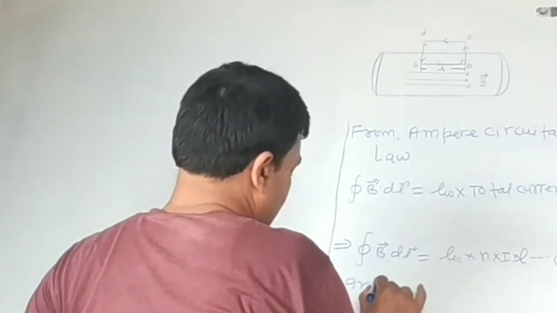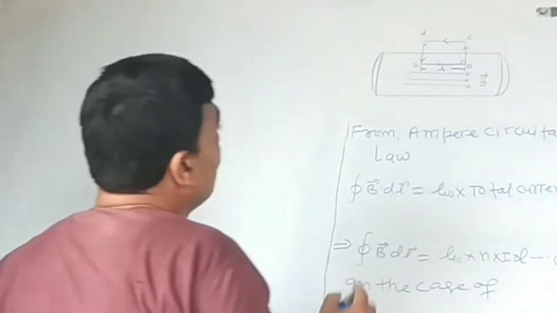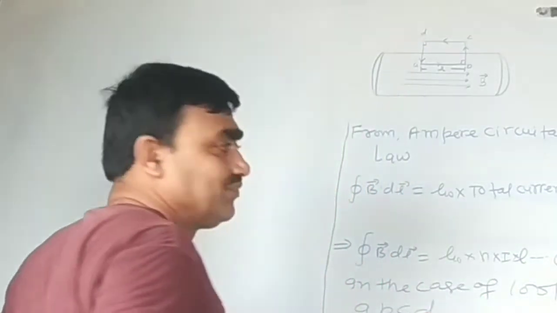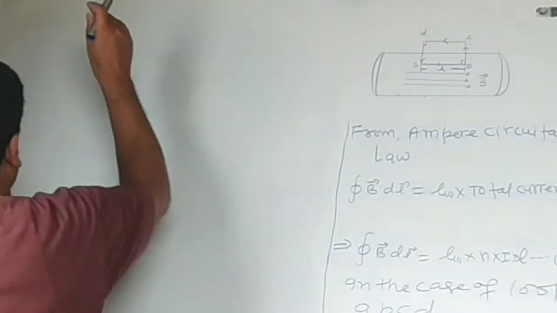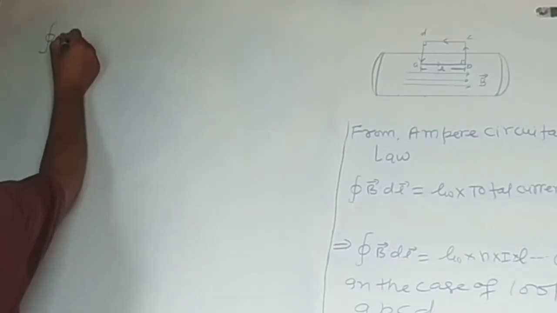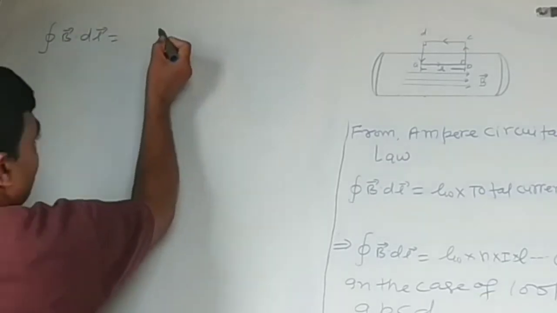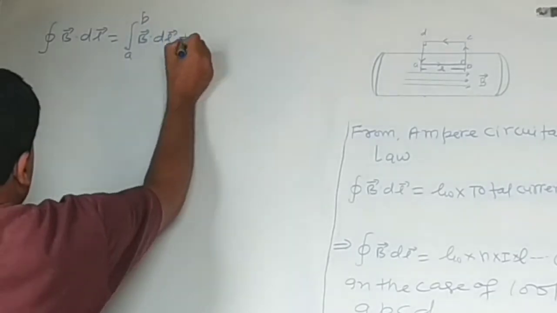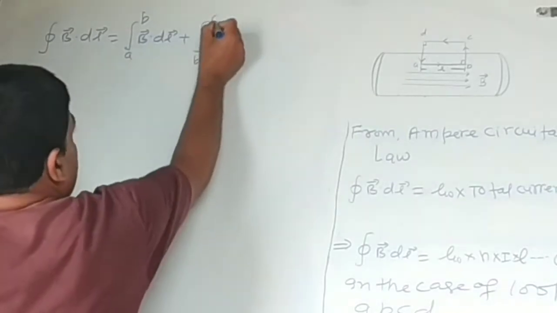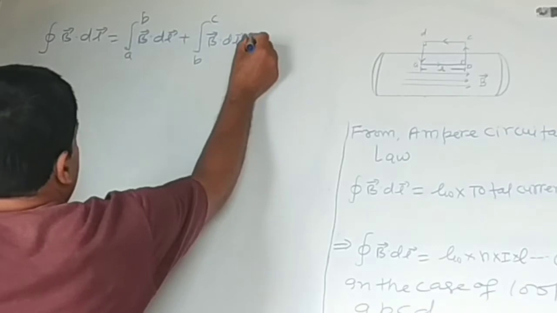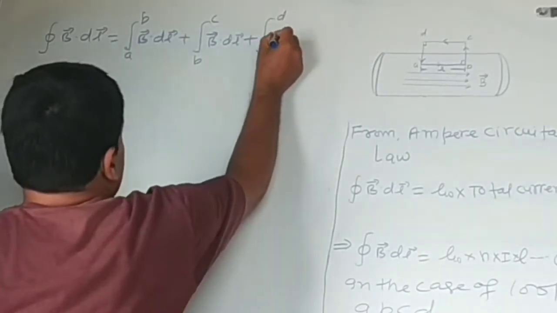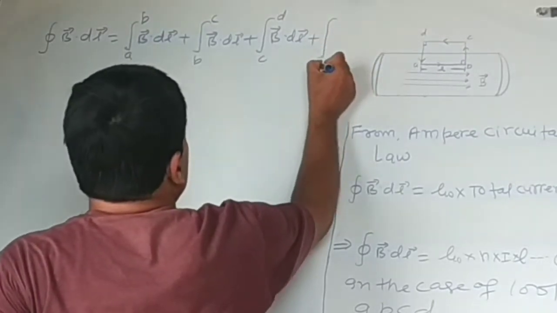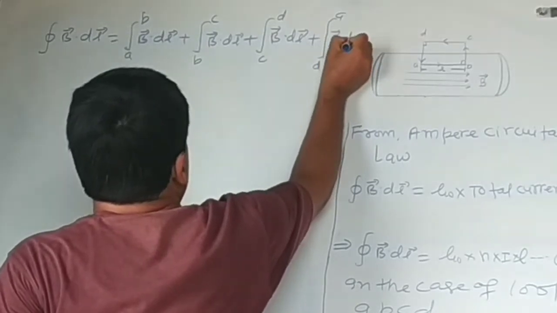In the case of loop A, B, C, D, the line integral B dot dl is equal to the integral from A to B of B dot dl, plus B to C of B dot dl, plus C to D of B dot dl, plus D to A of B dot dl.